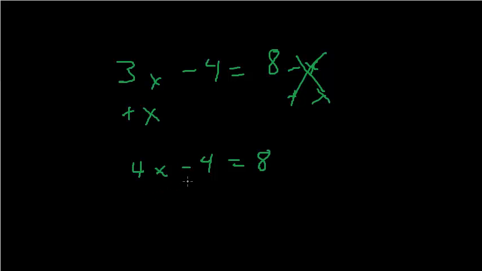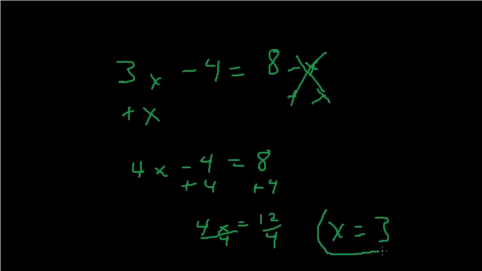Then we can solve it normally just by adding 4 to both sides. We have 4x equals 12. Divide by 4, and we have x is equal to 3 as our solution. Again, to check that, we would plug 3 back into both x's in that original equation and make sure that both sides give us the same thing.